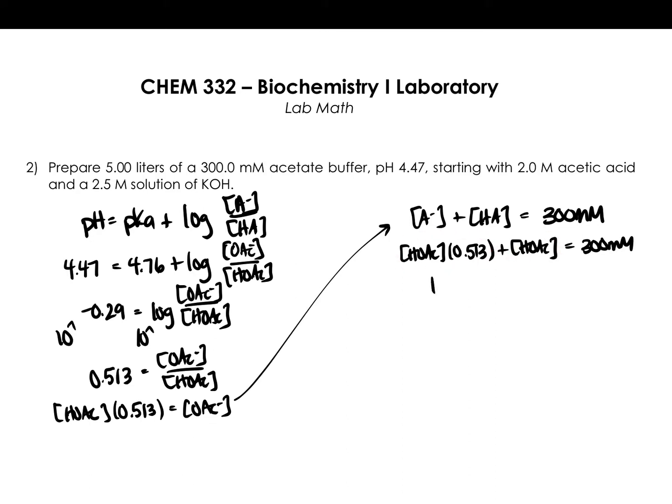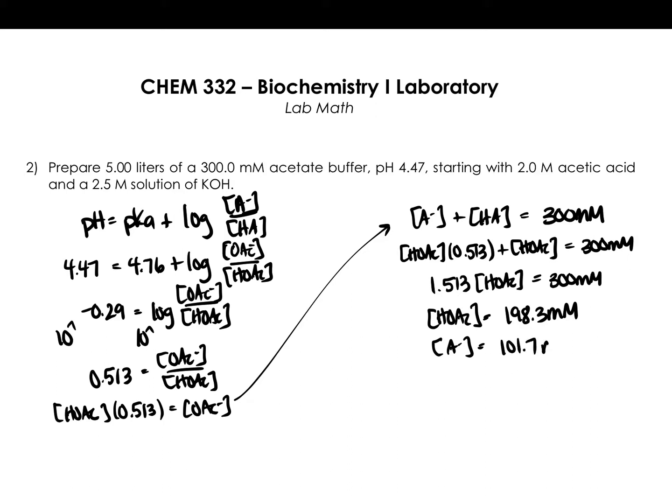So I'm going to get 1.513 times my acetic acid concentration equals 300 millimolar. So my acetic acid concentration is going to be equal to 198.3 millimolar, and then my A minus concentration is equal to 101.7 millimolar.